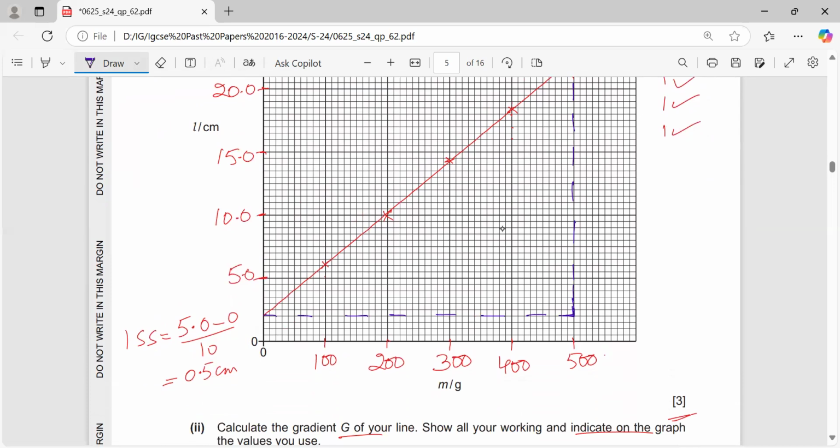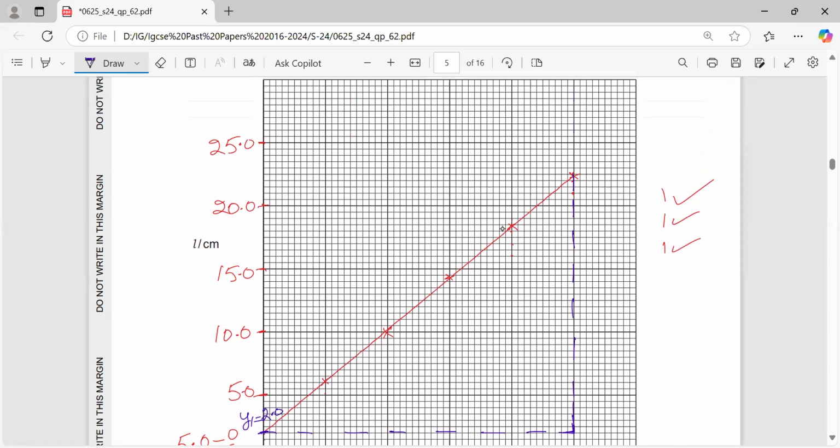Then of course this is x2, which is 500, x1 is 0, y1 is, see, 1, 2, 3, 4, so it is equal to 2 because one box is equal to 0.5 centimeter. And what about y2?